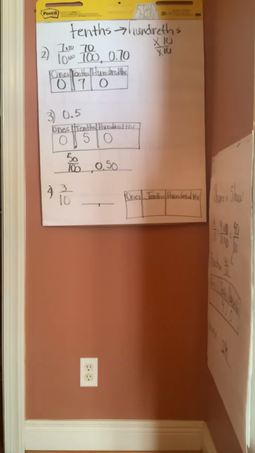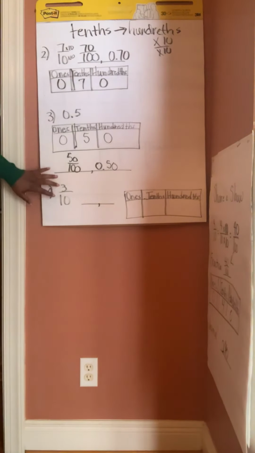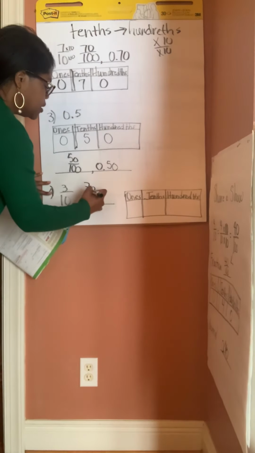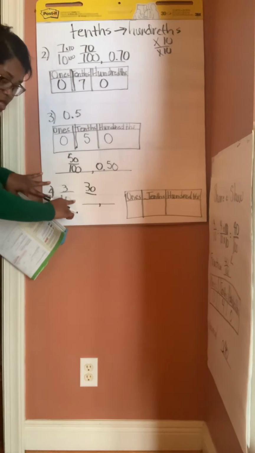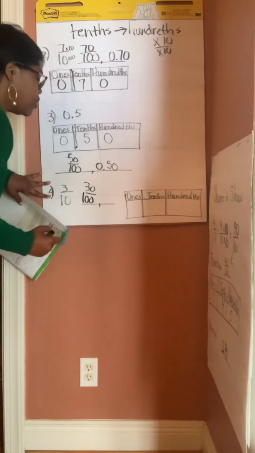Let's look at number 4, 3/10. If I'm going to change 3/10 to hundredths, remember, tenths to hundredths, we're going to multiply by 10 over 10. So I can do that in my head. I can say, well, 3 times 10, it's 30. So what is 10 times 10? 100. Good job. 30 hundredths.